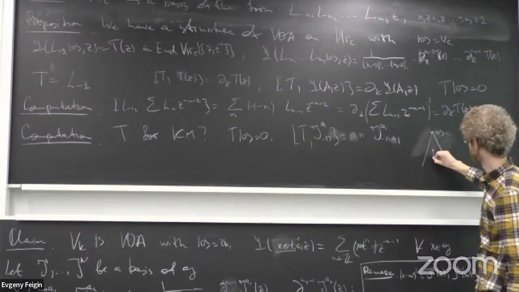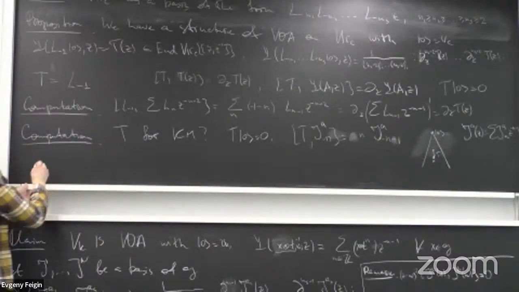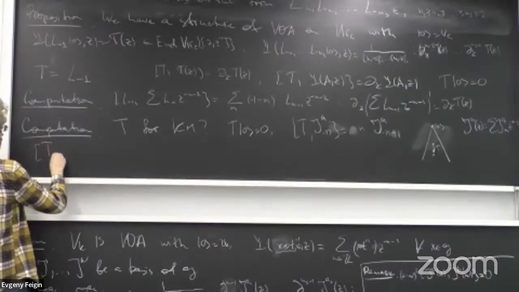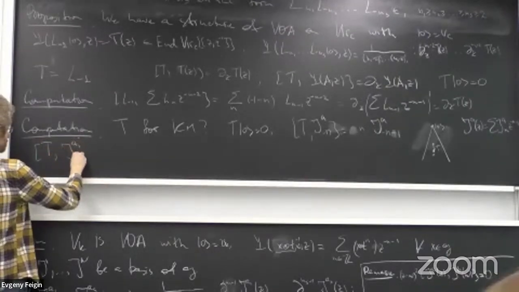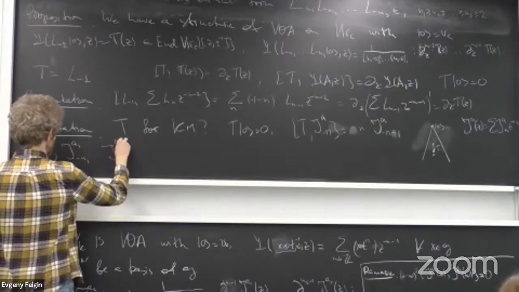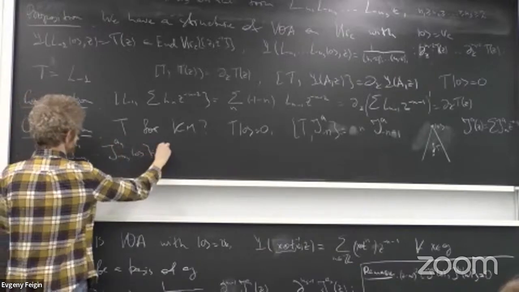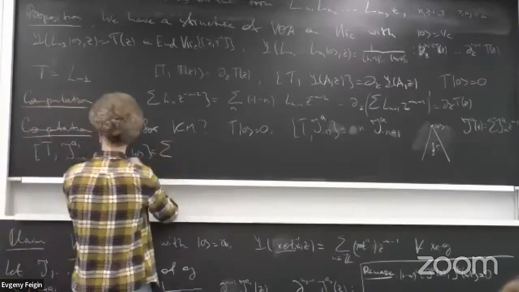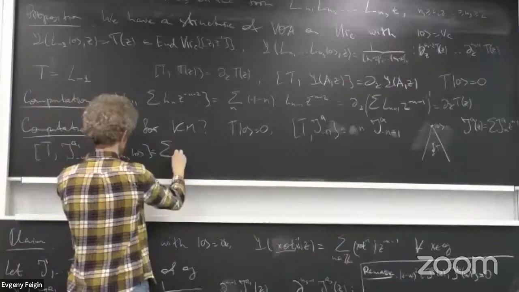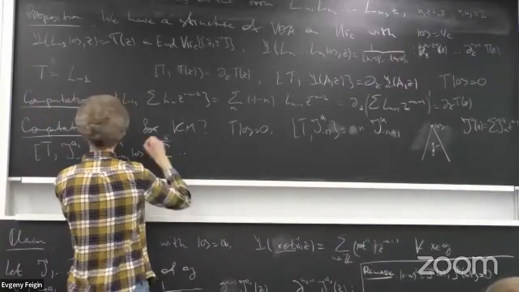Yes? Sure. The formula looks like A1 minus n1, and so on up to As minus ns applied to the vacuum is then the sum. We consider the commutators, and the sum ranges from 1 to s.